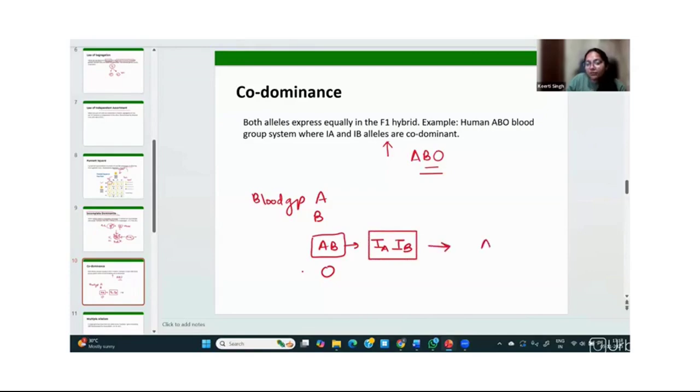If the person has AB blood group, it means both the alleles are expressed equally. That is known as codominant, right?